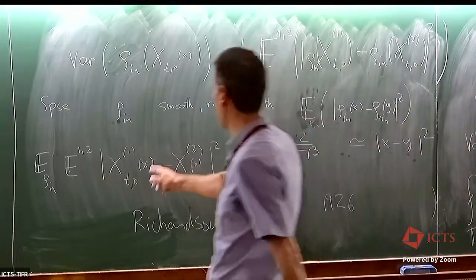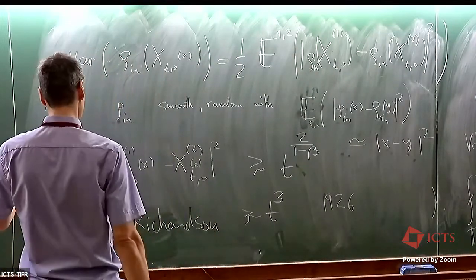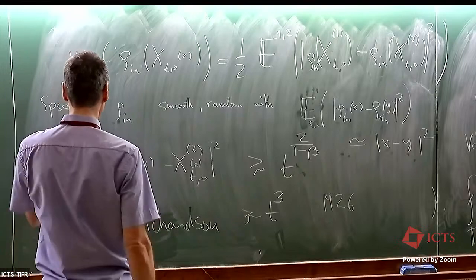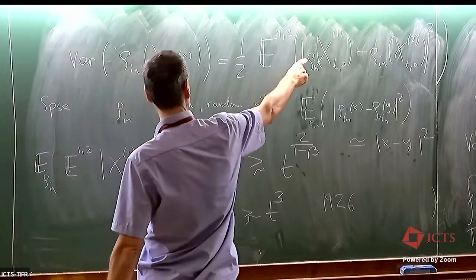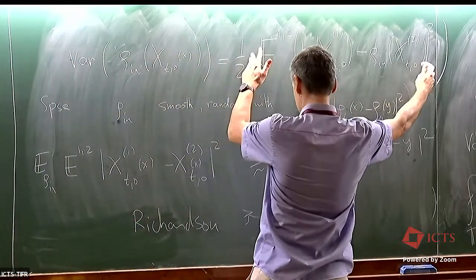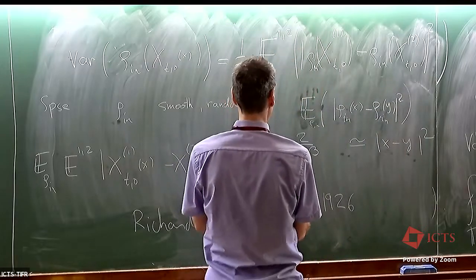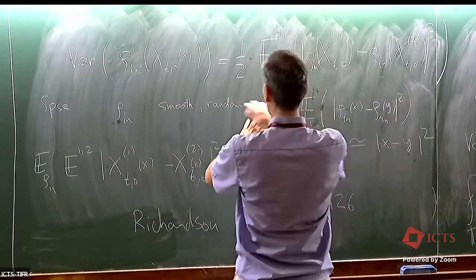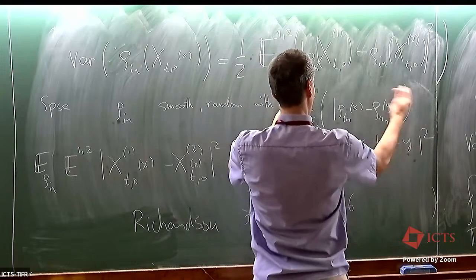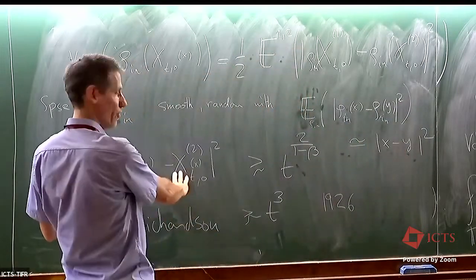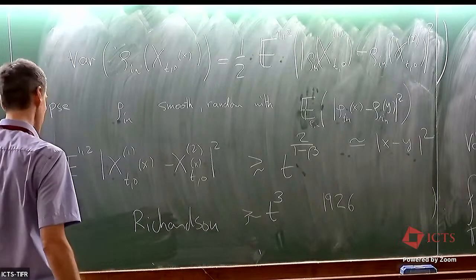Here I didn't want to put it. So initially, yes, I would have that. So this is bounded by this t cubed. But then I want to use initial data satisfying this, so I get rid of the initial density and I just have this.